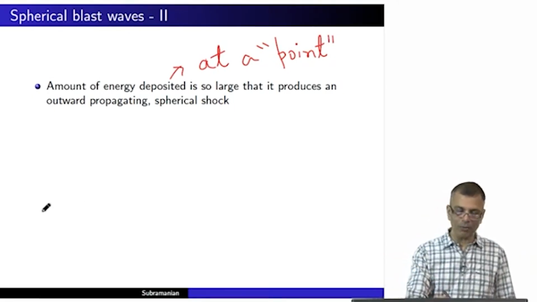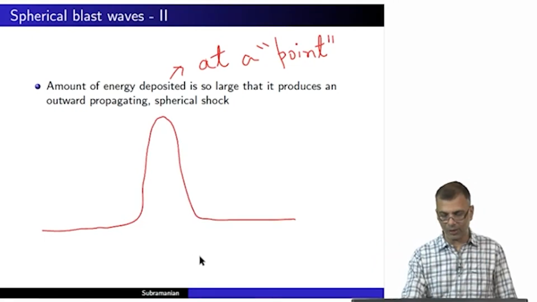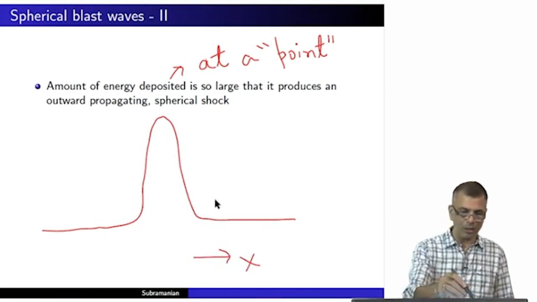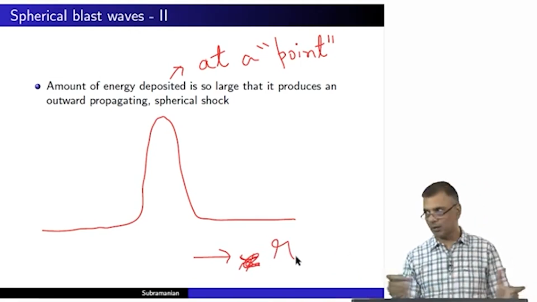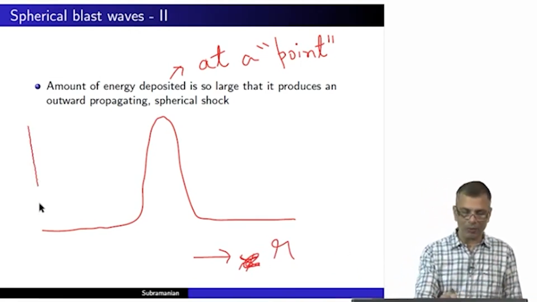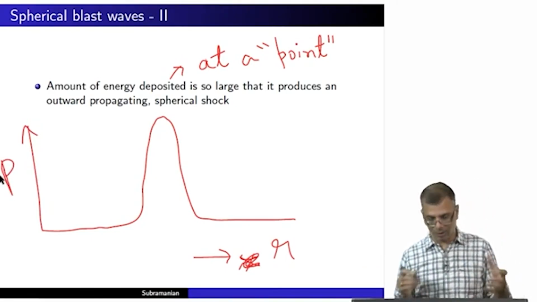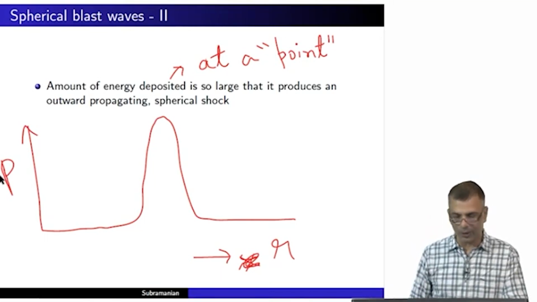What it does is it just produces a pressure pulse that's very large, like this. Or if you wish, let us not call this x, let's call this r in spherical coordinates. And so the pressure pulse produced by the amount of energy deposited is so large that it produces an outward propagating spherical shock.